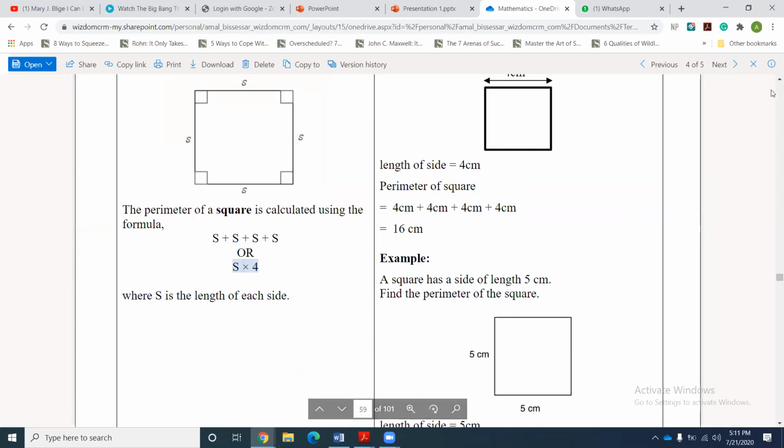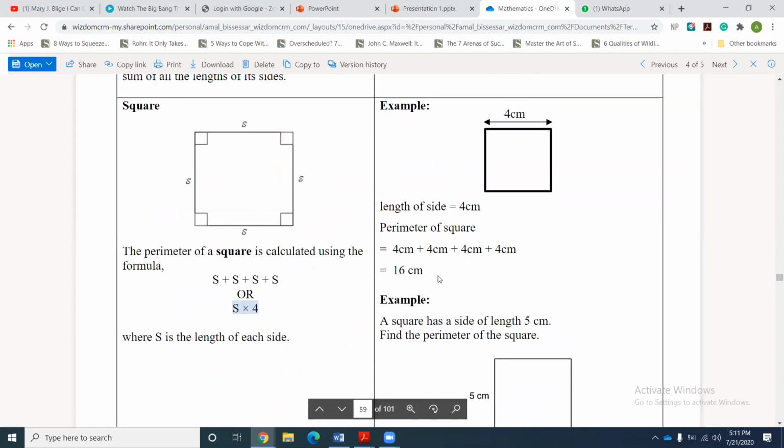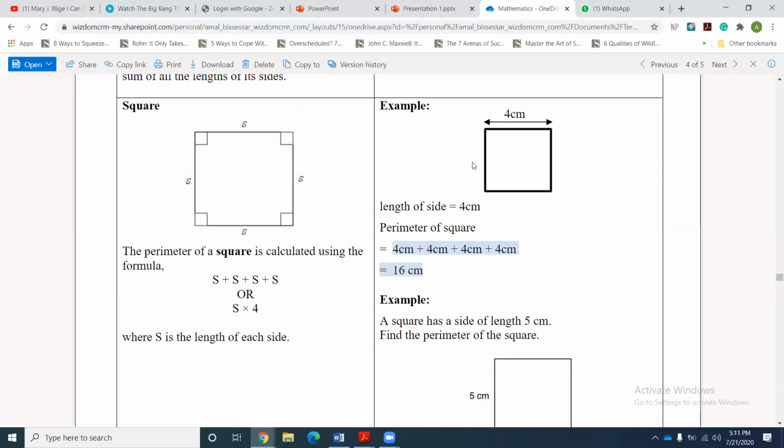So as you can see here, in the longer version of the question, the person added up 4 plus 4 plus 4 plus 4. They did it the long way because they want you to understand that even though you may not remember the formula side by 4, you have to understand the concept.